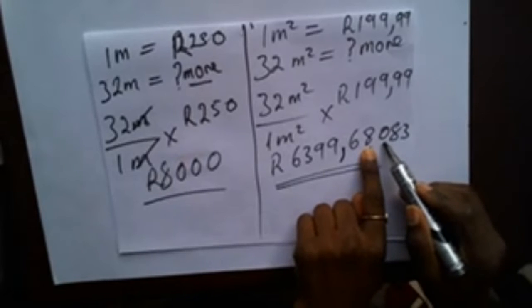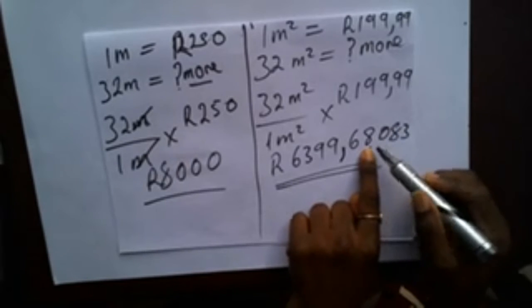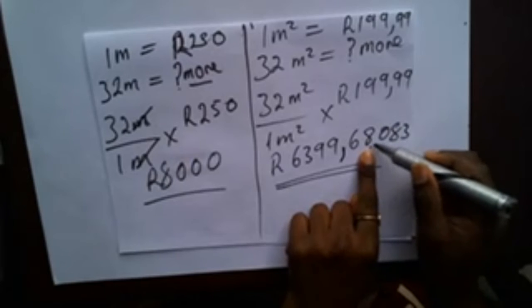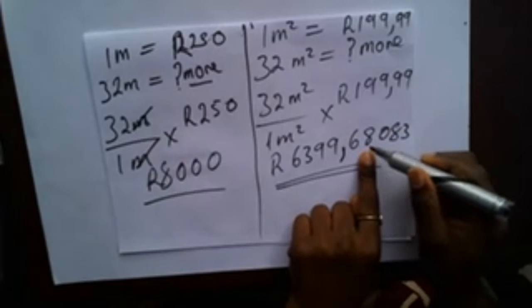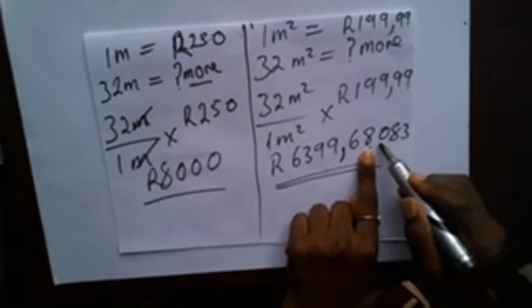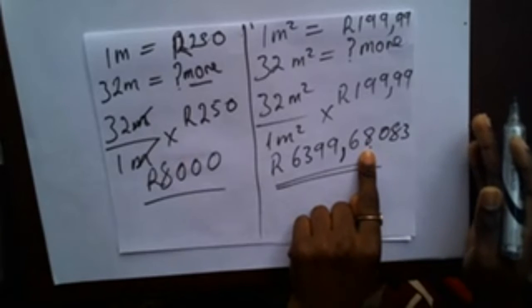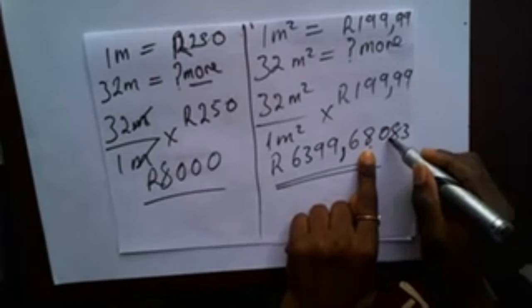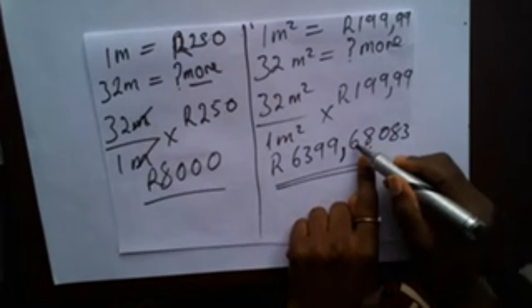If this value is less than or equal to 4, I will just write the value that is appearing here. So in this case, since this 0 is less than or equal to 4, I will just say 0.68.